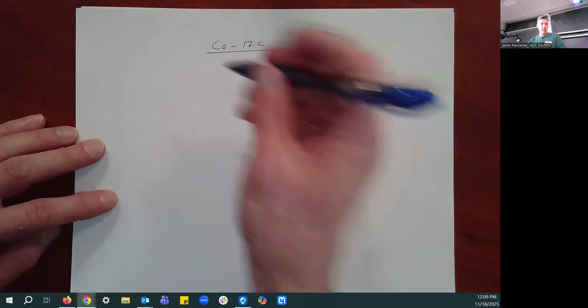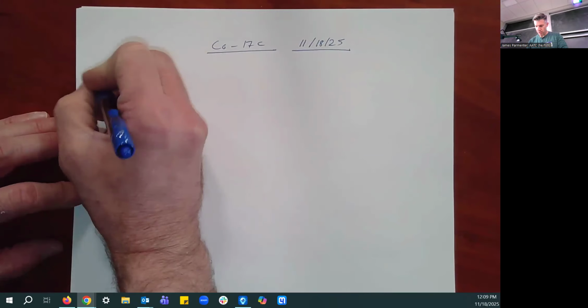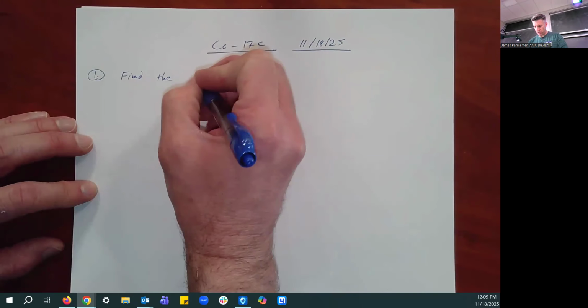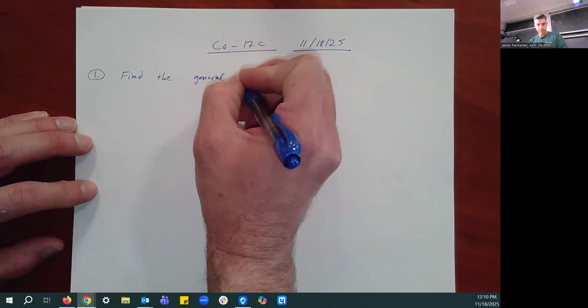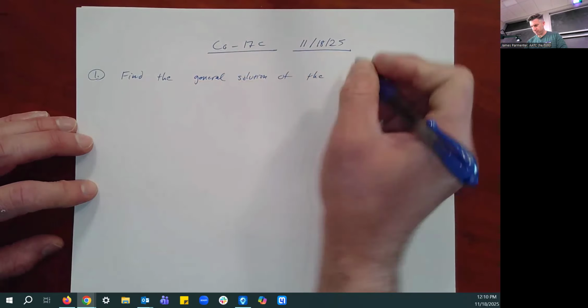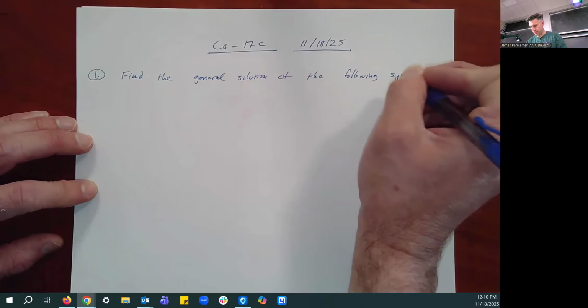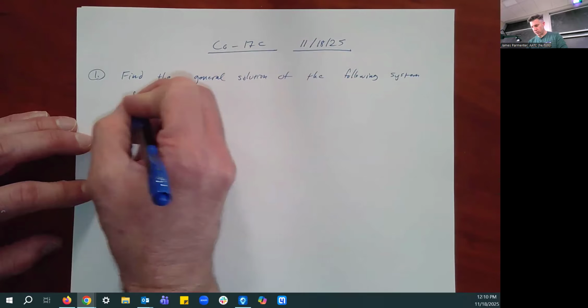So let's begin with the following. Let's find the general solution of the following system of differential equations.